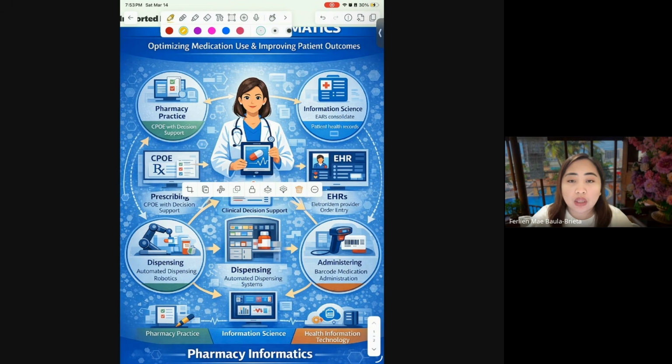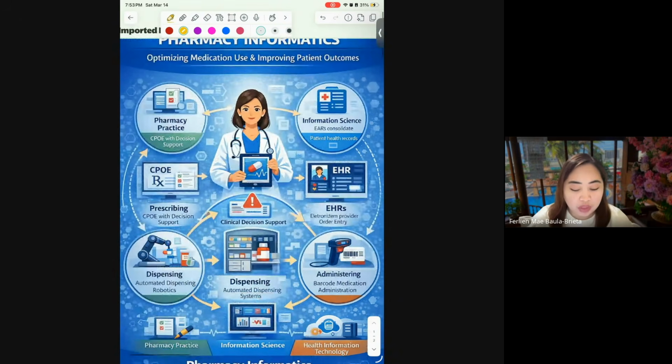And hopefully, later on, we are going to have a group dynamic activity. I would like you to create, synthesize, and propose pharmacist-led informatic interventions to optimize medication therapy and reduce medication errors.